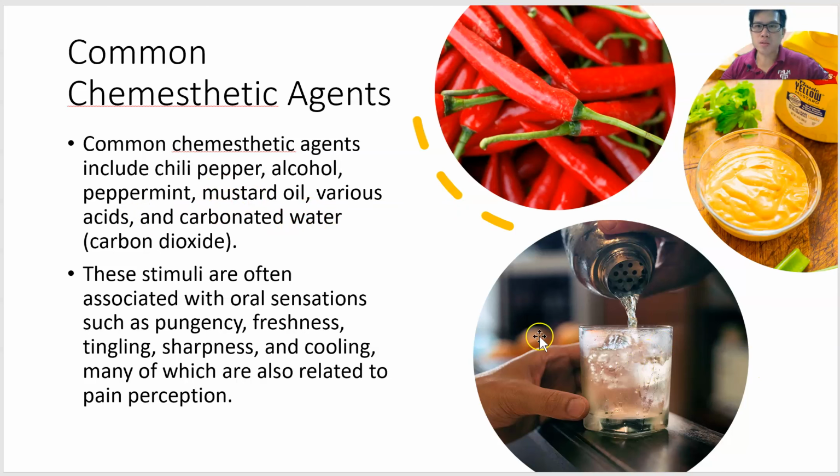These stimulants are often associated with oral sensations such as pungency, freshness, tingling, sharpness, cooling, and many others related to the pain receptors. For example, the most common are soft drinks. Soft drinks are always carbonated, and when you are drinking it, you feel refreshed because of the tingling effect.